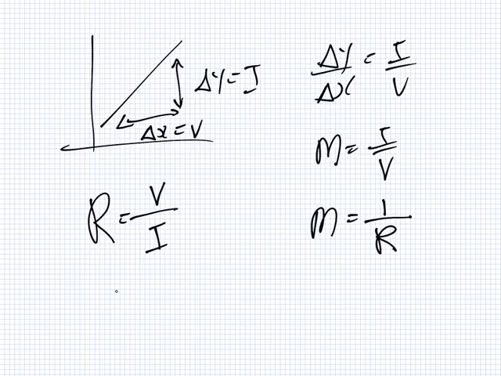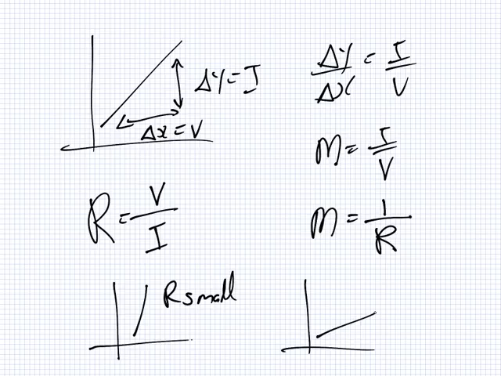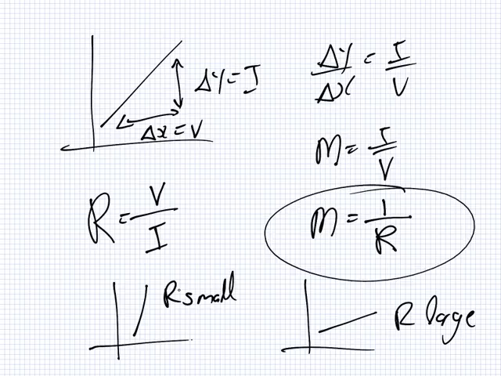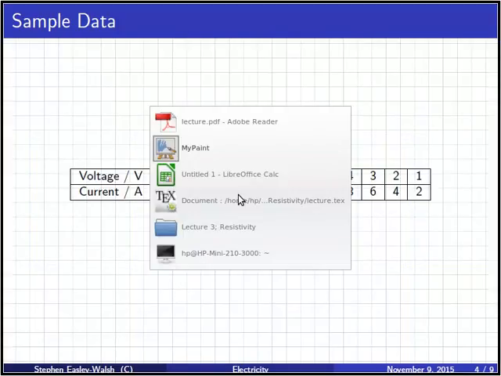So in other words, when the slope is steep, the R is small. And if the graph was like this, not so steep, then the R is large. So basically, this gives you the R. Let's go back here.